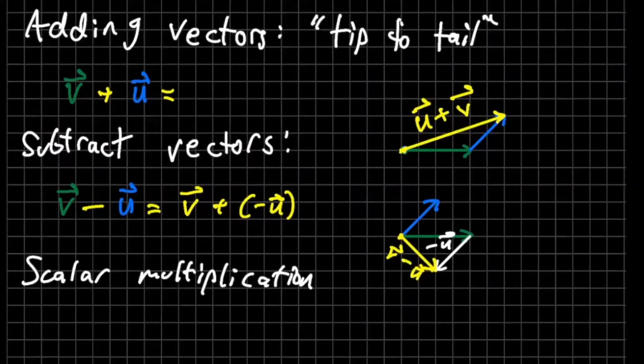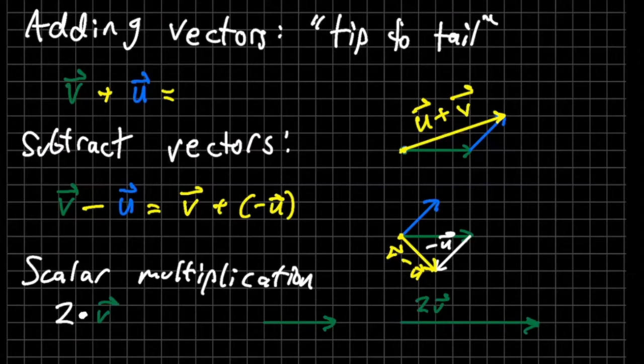So if we had v and we wanted to multiply v by 2, then what we would end up doing is taking v, which has a magnitude of 4 going to the right. 2 times v is going to be the same direction going to the right, but instead of going to the right 4, we're actually going to the right 8. So this is 2v. So the direction stays the same, but the magnitude is multiplied by that scalar.